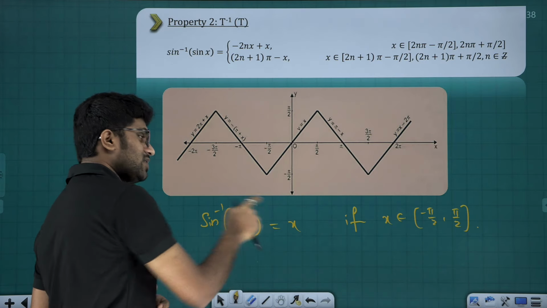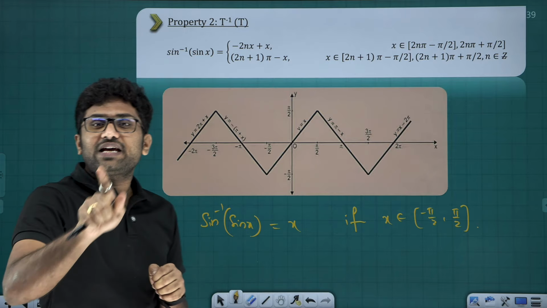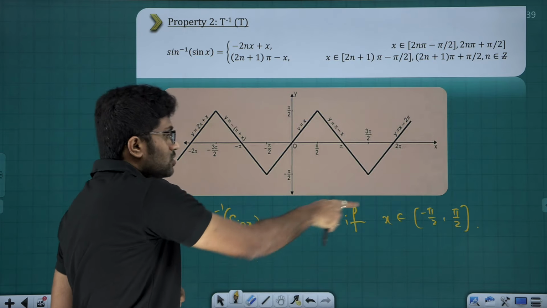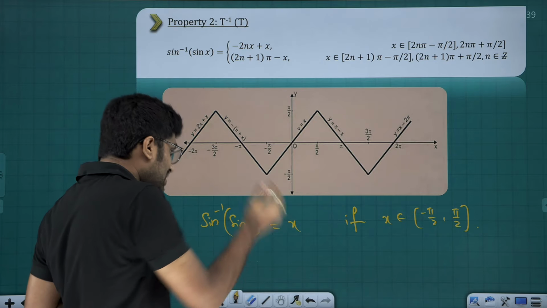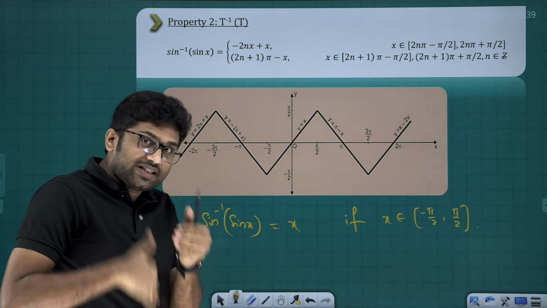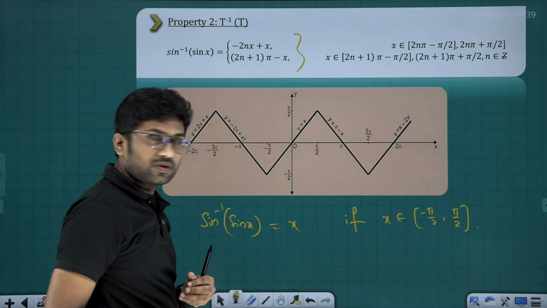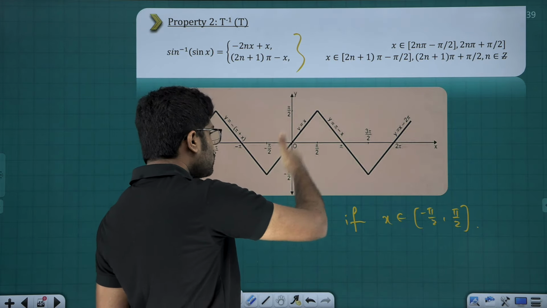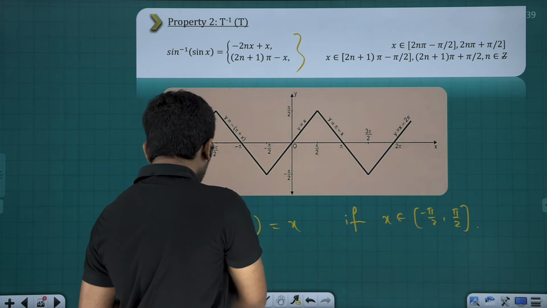Sine inverse of sine x will be x only when x belongs to closed −π/2 to π/2. In case x does not belong to that region, then we remodify the input by using this. So if it is from −π/2 to π/2, same, the function y is equal to x only.